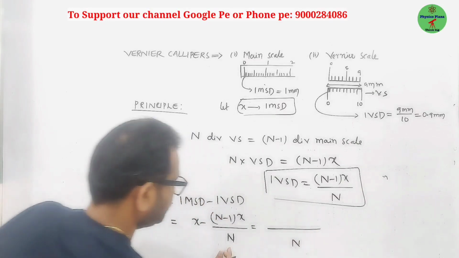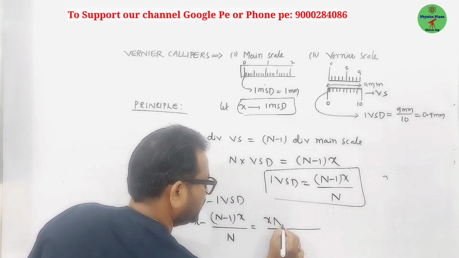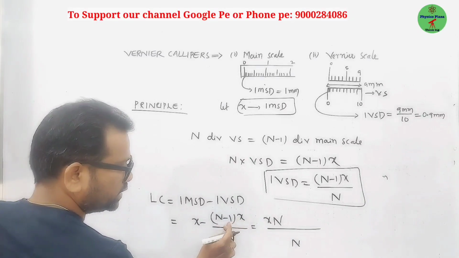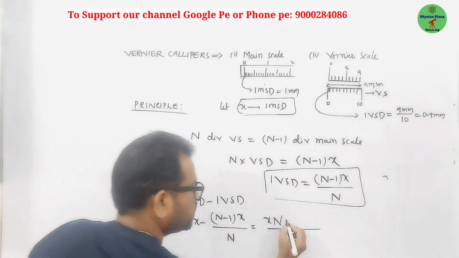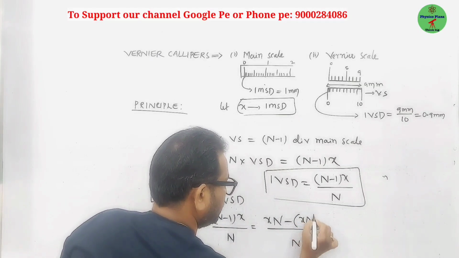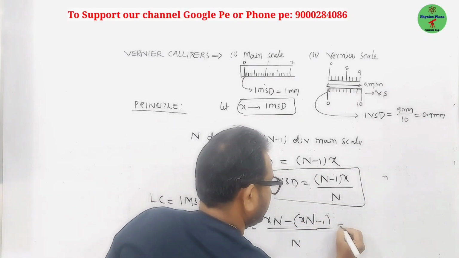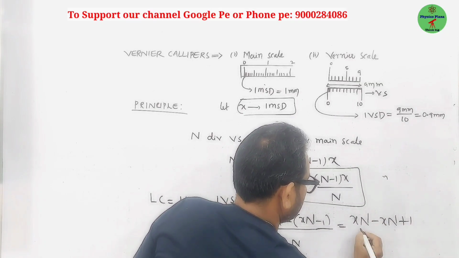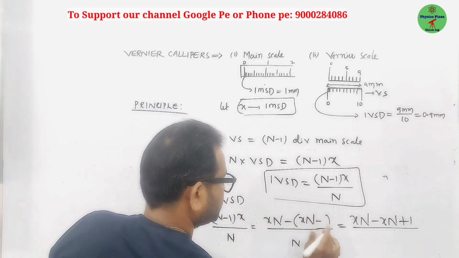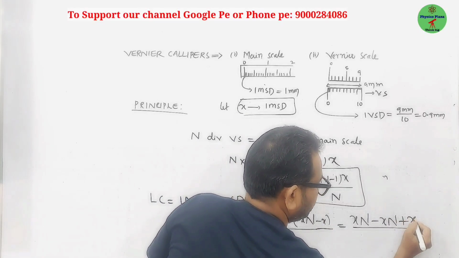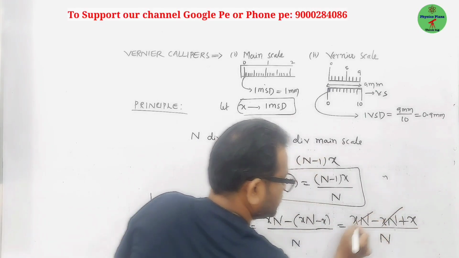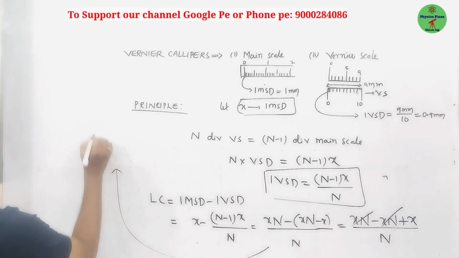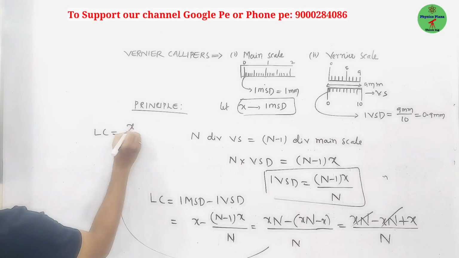Taking n as the LCM, it will be xn minus x into n minus 1, so xn minus xn plus x, which is x by n. The xn cancels. So here least count is equal to x by n.